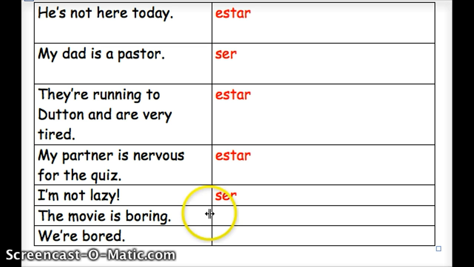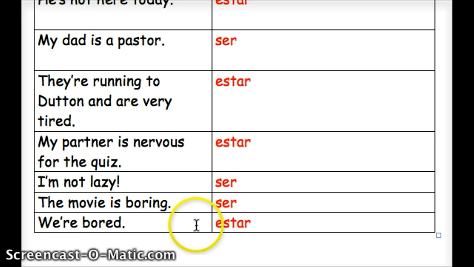The movie is boring. It's not location, it's not physical condition, and it's not emotion. You're talking about the identity of the movie. Ser. We're bored. Bored is an emotion, so you'd want a form of estar.